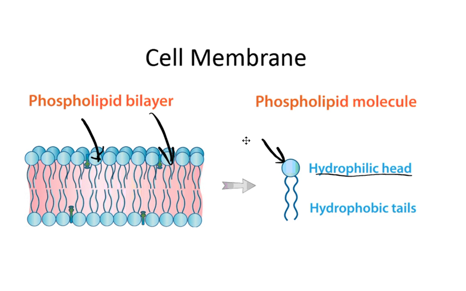hydrophilic meaning water loving. So this structure is also polar. It accepts water. And then there is this portion of the phospholipid, and it is hydrophobic, meaning that it is water fearing. And so what happens when you put these phospholipids in water is they will actually face one another, like you see there on the left.